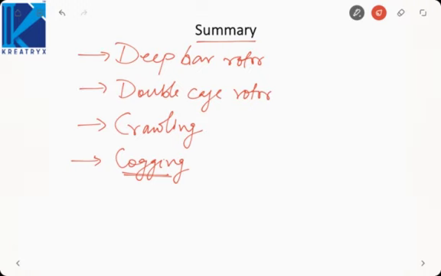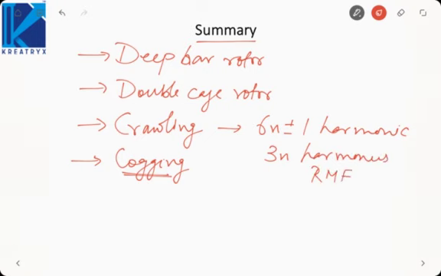In crawling we were talking about belt harmonics, that is 6n plus minus 1 harmonics. We did not talk about triple-n harmonics, that is 3n harmonics, because they do not produce any rotating magnetic field, so they do not produce any torque.